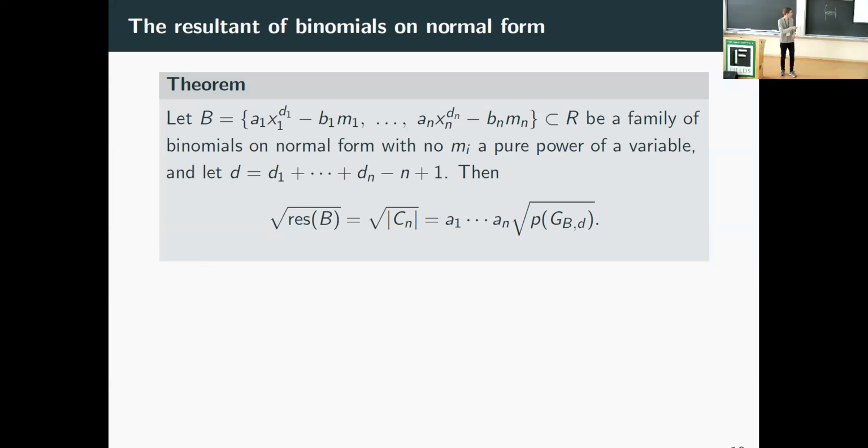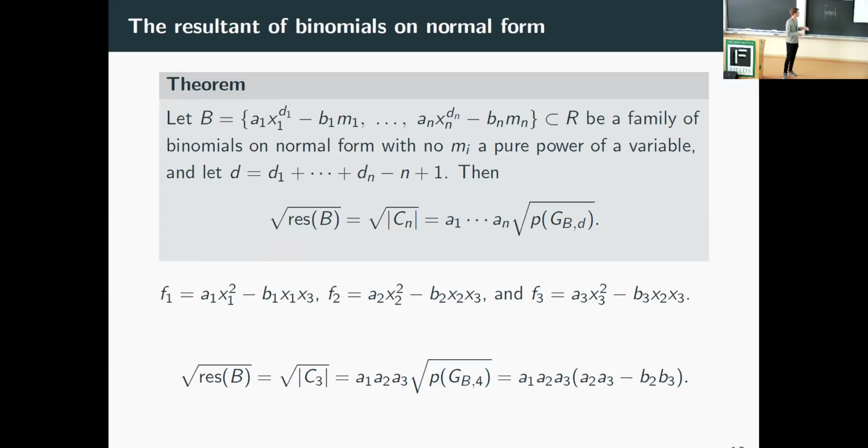Then, with d being the so-called degree plus 1, the irreducible factors of the resultant are exactly the same as the irreducible factors coming from this determinant, and that one can also calculate as the product of all the a's and the irreducible factors from the cycle polynomials of the graph. That is all the unique cycle polynomials that come from the graph.